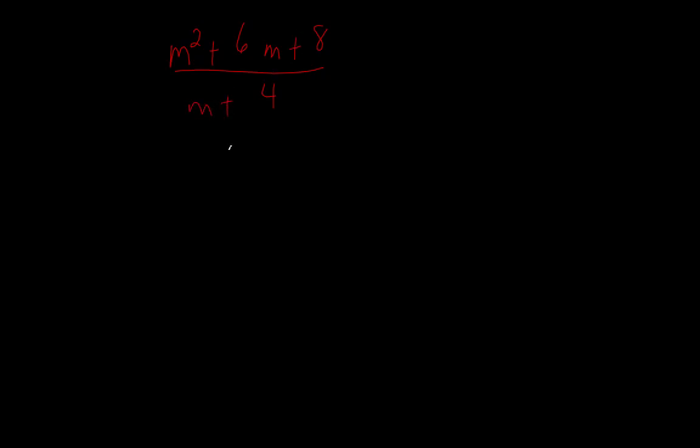Okay, so if I have 6, I get 3, I square it, I get 8. So that one is not a perfect square either. So 8, because this is positive, the signs will match. Because this is positive, they're both positive. So 1, 8, 2, 4. We're looking for 6.